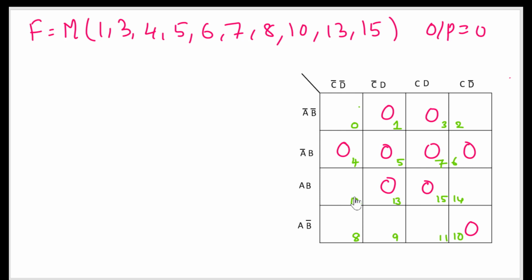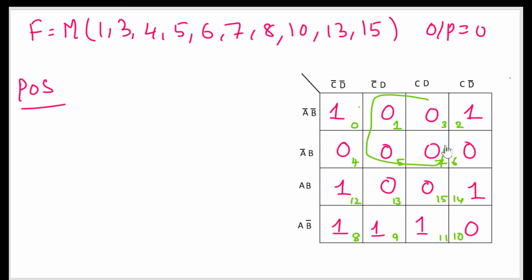The rest are all ones. We will now try to form the biggest group of zeros to get the POS form. Look here, you cannot form an octet, but you can form one quad using these 4 zeros, and another quad using these 4 zeros, and these zeros can form one more quad using these 2 zeros, and you have one 0 here. I'm sorry, this 8 is also 0.